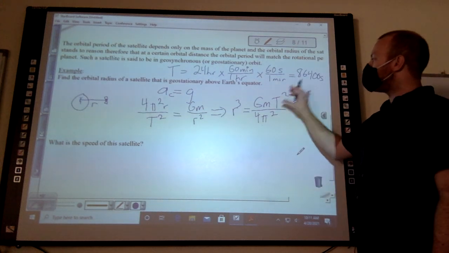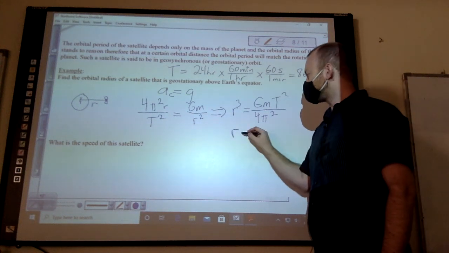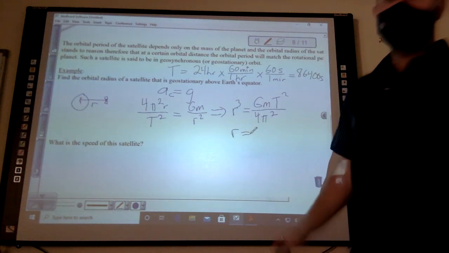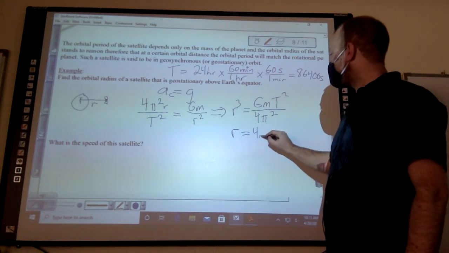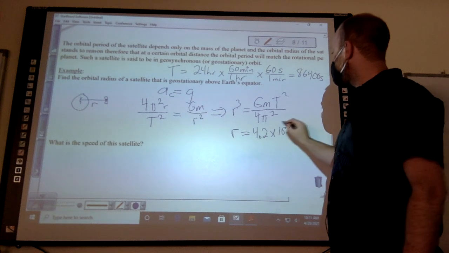Anyways, so I now have the period, I know the mass, so you can solve for r. It's going to be 4.2 times 10 to the 7 meters.